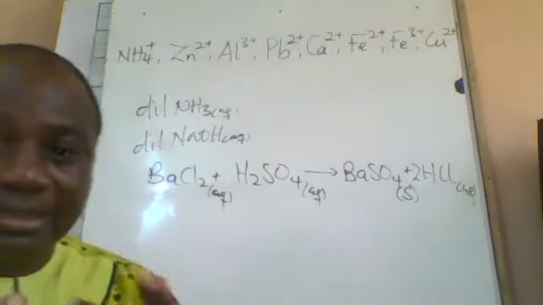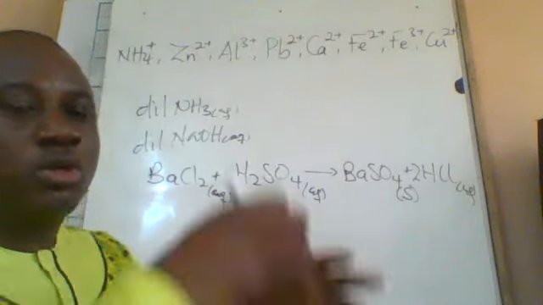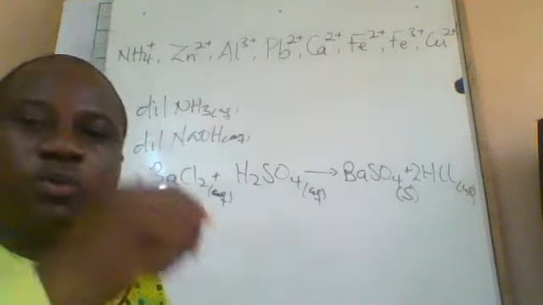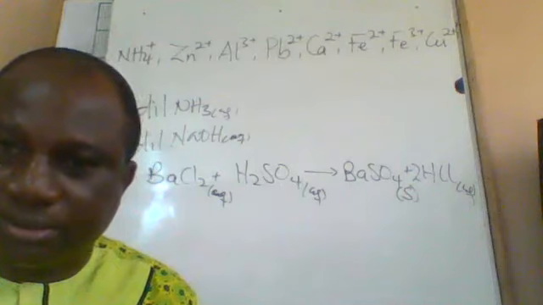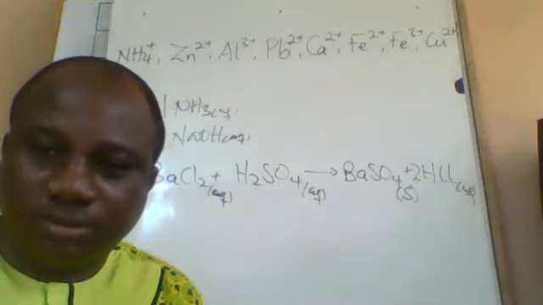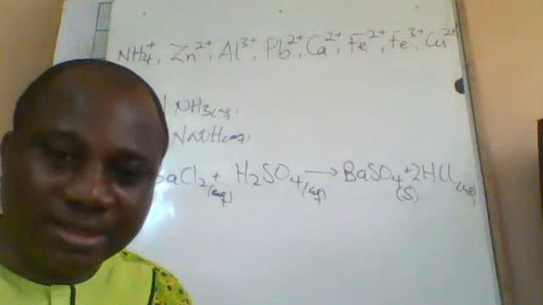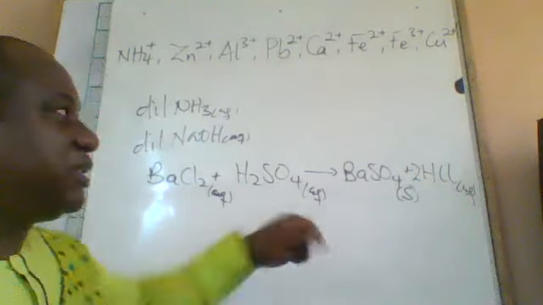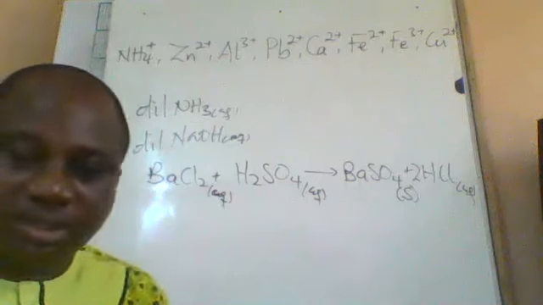So when you carry out the test, what you will see will help you to conclude on which ion is present. The observation is what is going to guide us to know which ion is present in the solution we are testing for.